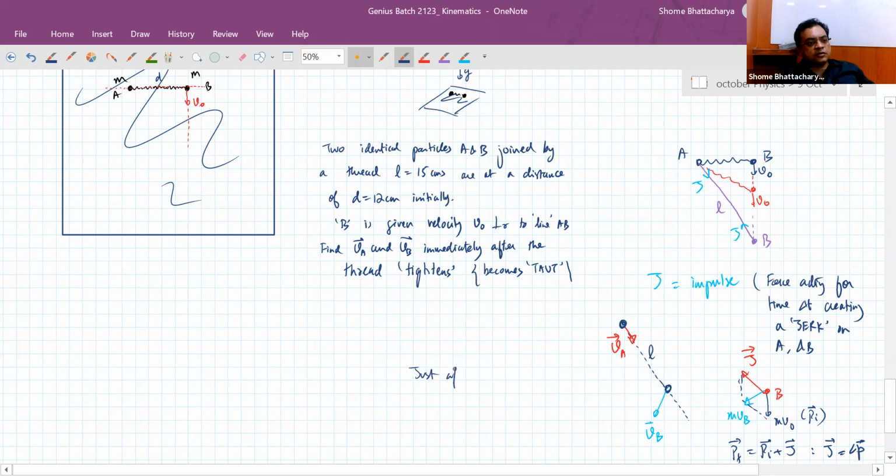Okay. So just after that impulse acts to tighten the string, A's momentum is along the impulse on it.